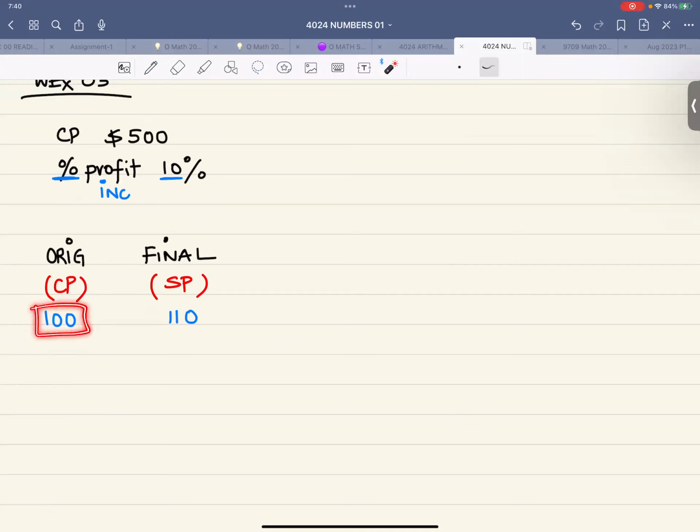Because of the profit of 10%, it will become 110. That means if I have a value of $500, it will now become a value, let's call it W.